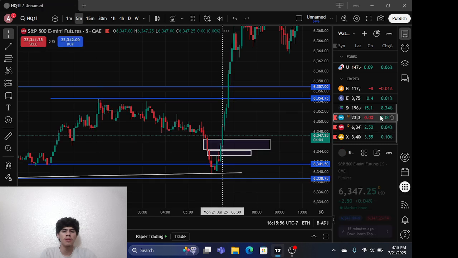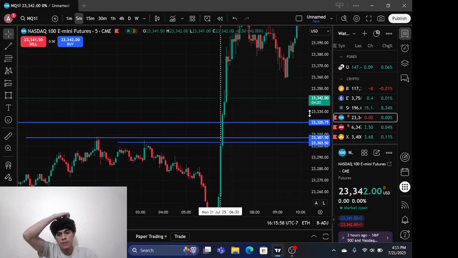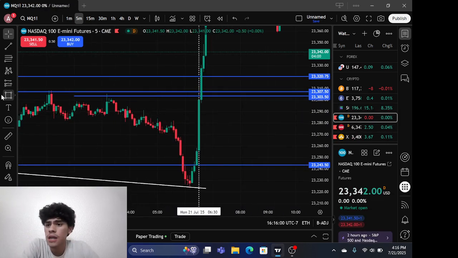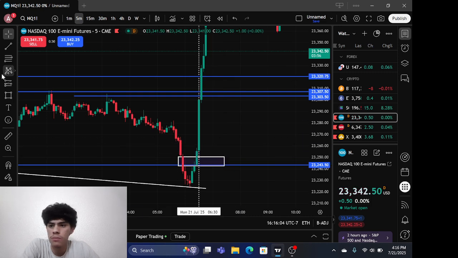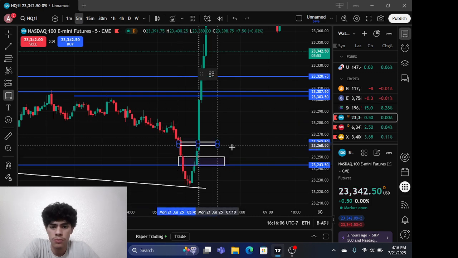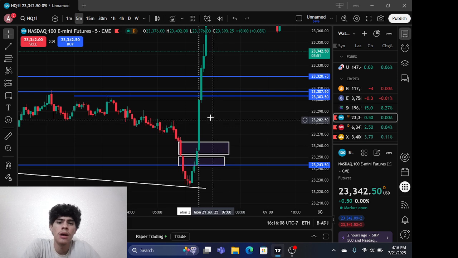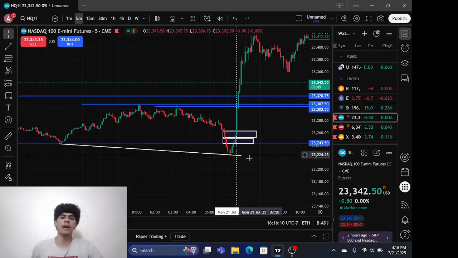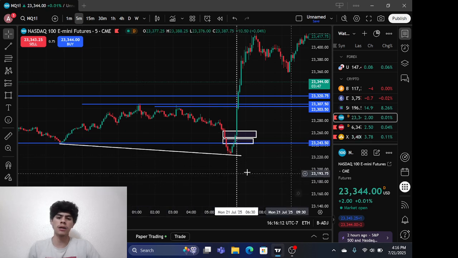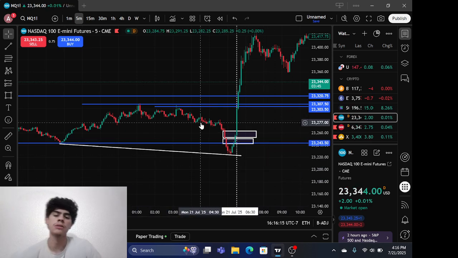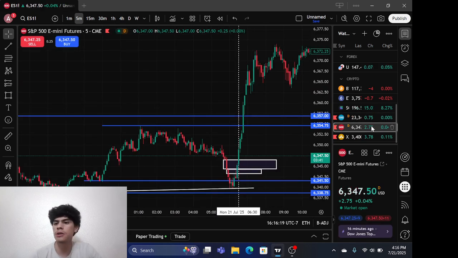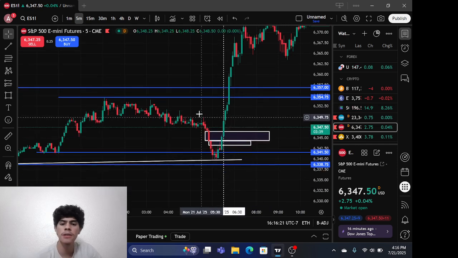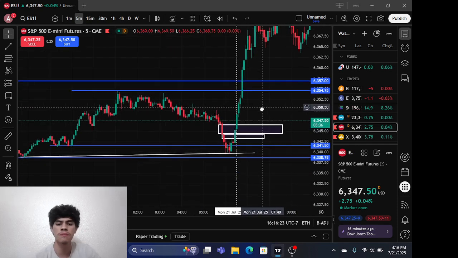On Nasdaq, we had a move up with really good momentum, so there was no way I could have taken my trade on Nasdaq. The S&P was the pair I had to take, so I switched back to the S&P 500 because it was still down here.